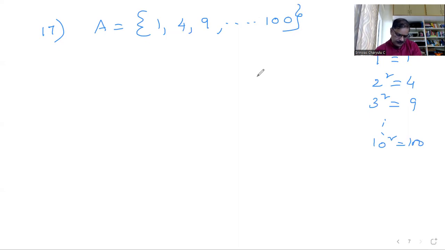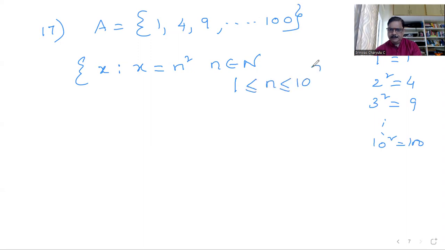So we can write here set of all x such that x is equal to n square, n belongs to natural numbers and it lies between 1 and 10. Observe now, I have chosen between 1 and 10, both sides included. So 10 square is 100.